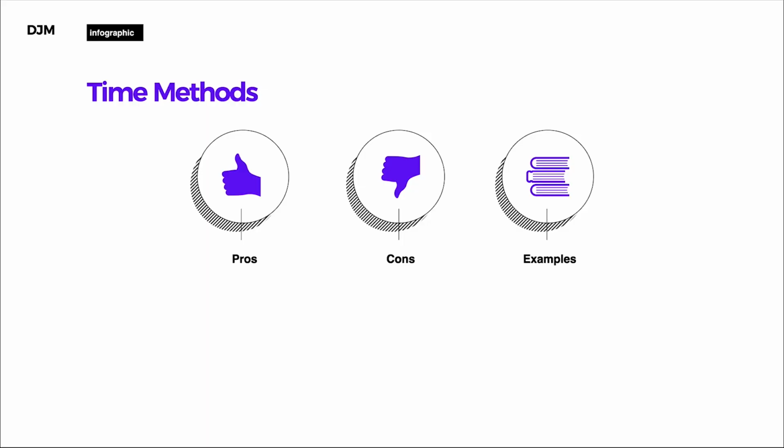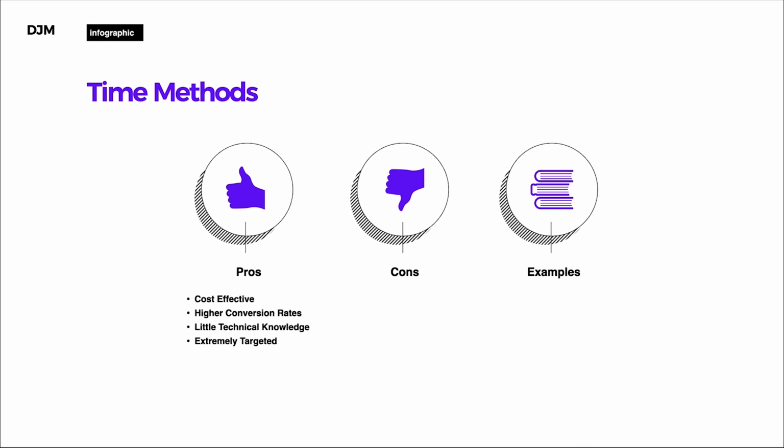So we have our pros, cons, and some examples of time methods. Some pros about time methods: it's cost effective, naturally, because it's not a paid method. You might hear me call time methods organic methods as well, so paid versus organic, and I use those interchangeably, though I do prefer time simply because it's not organic. It doesn't just happen on its own. It still takes quite a lot of effort in order for you to get any trackable results.